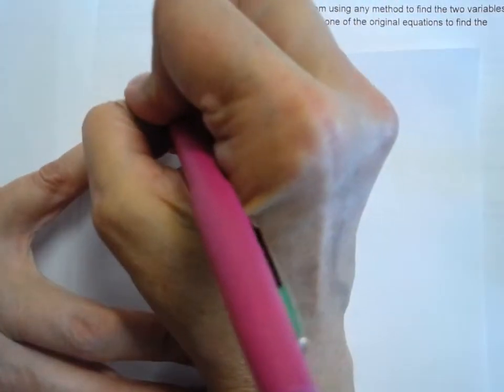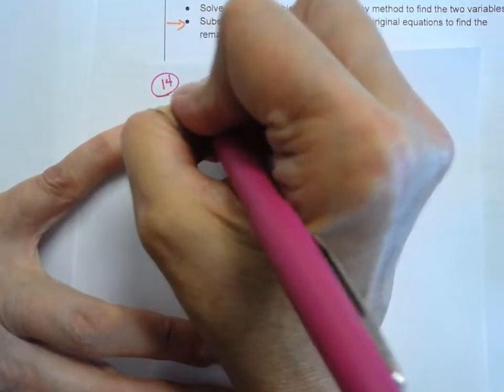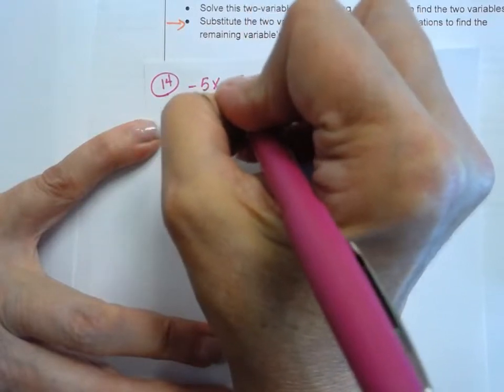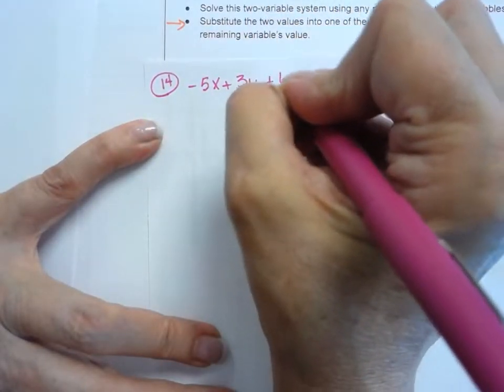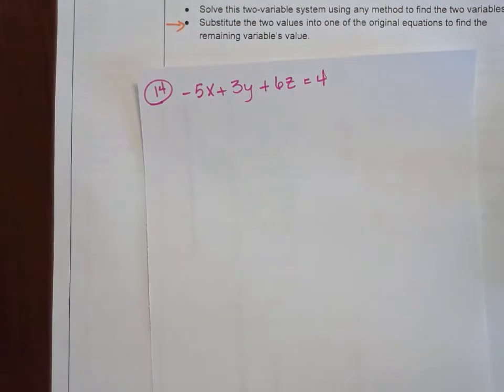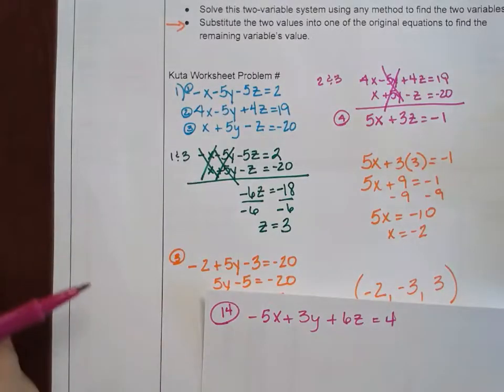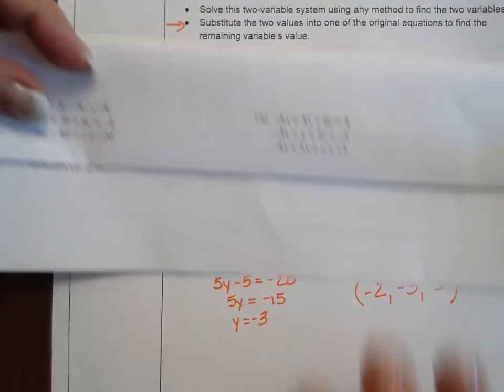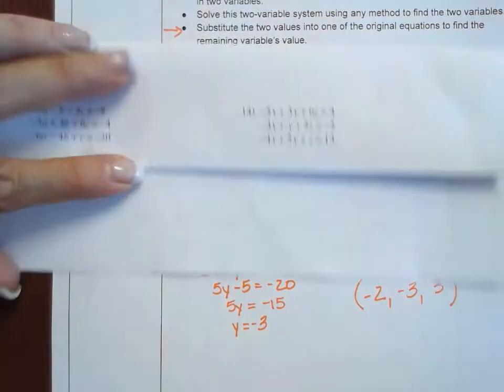Number 14. I have negative 5x plus 3y plus 6z equals 4. Actually, we can just look at the originals here. Which ones do you want to start with?